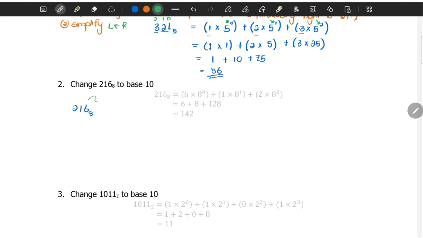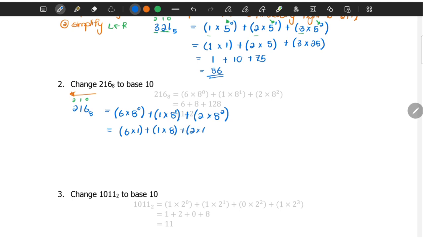So again, from the right to the left, with increasing powers, that's going to be 0, 1, 2, which will be equal to 6, the first number, times 8 to the power 0, plus the next number, which is 1, times 8 to the power 1, plus the third number, 2, times 8 to the power 2, which is equal to 6 times 1 plus 1 times 8 plus 2 times 64, which is equal to 6 plus 8 plus 128. And that translates to 142.